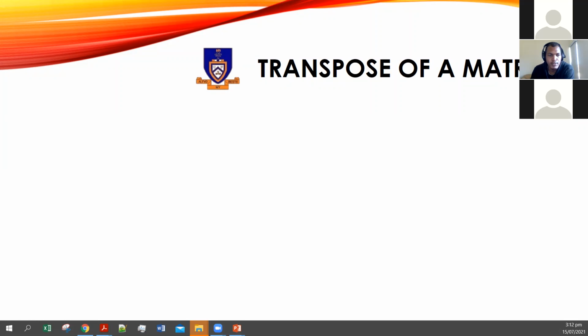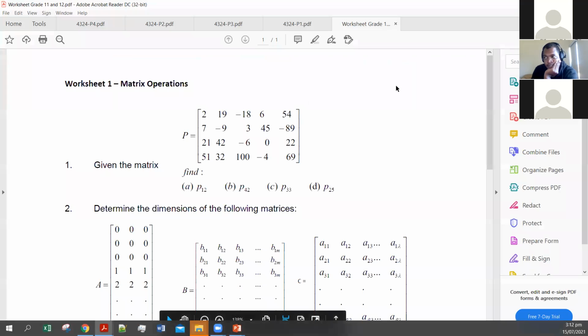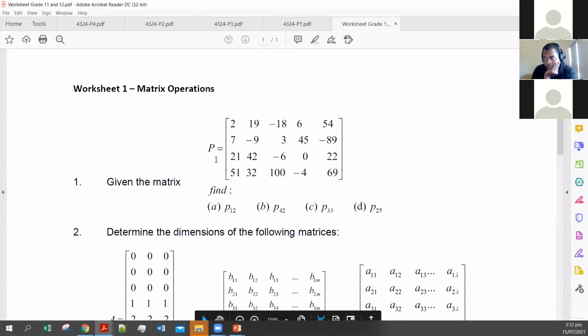Okay, here it is. So I will be putting up this activity for you guys to see. This is just a worksheet 1, and you can see it's just basically talking about what we have covered so far, and I think that will be more or less the end of the lesson today.